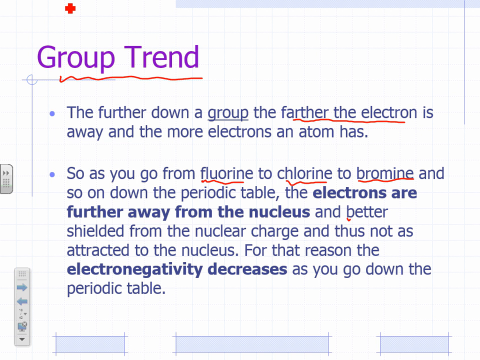This means there are more and more inner shells, which means the outer shell electrons are better shielded from the nuclear charge. Essentially, this means that they're not going to be as attracted to the nucleus. And for that reason, we say the electronegativity decreases. Because remember, electronegativity is the attraction for bonded electrons.